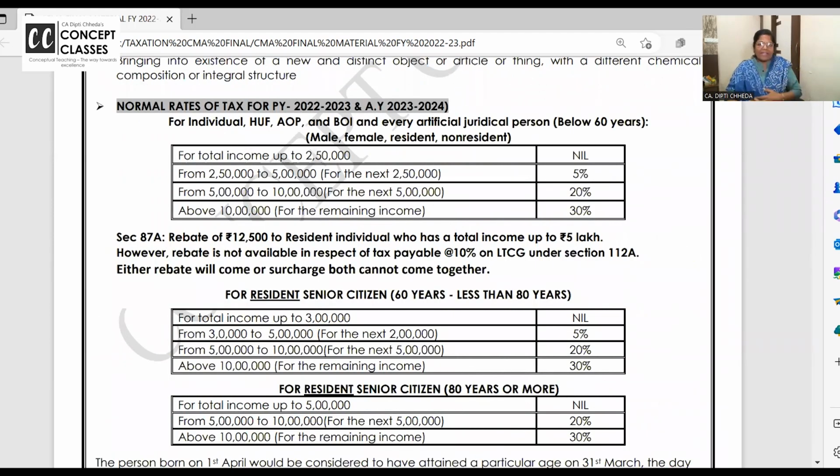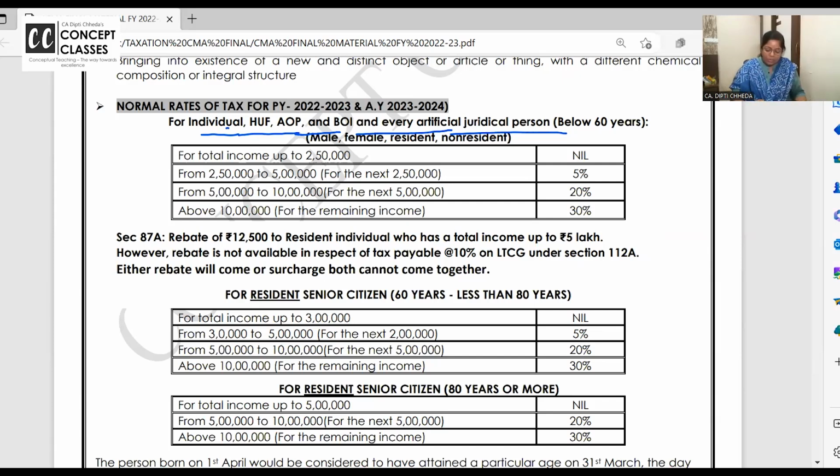So let us begin now with individual, HUF, AOP, BOI and AJP. Individuals means all, male, female, minor who is having income. So individual, HUF, AOP, BOI, AJP, they will pay the tax according to slab rates, not flat rate.